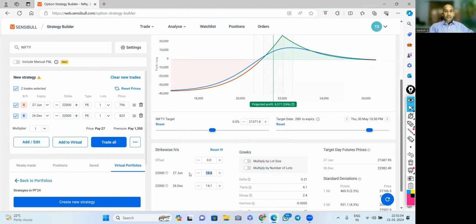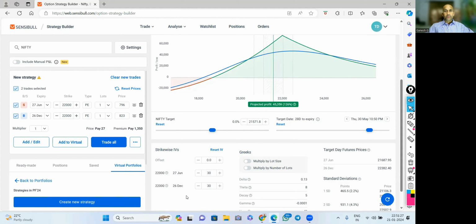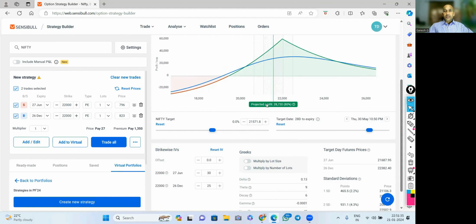Let's say the VIX is 30, or maybe 25. If the VIX is 30, then accordingly the December premium would also go high, but that is not reflected here because I am keeping it constant. If the market stays here at 21,500, then the value of the strategy would give you very good profit, because VIX rises.